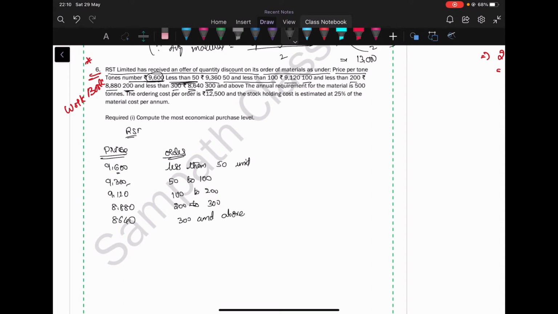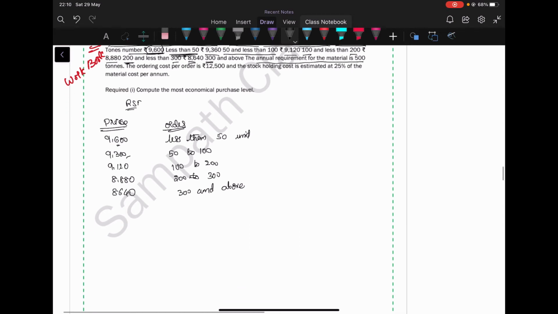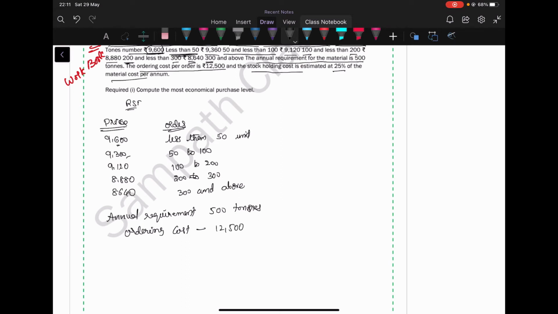The annual requirement for the material is 500 tons. The ordering cost per order is 12,500 rupees, and the stock holding cost is estimated at 25% of the cost of the material.